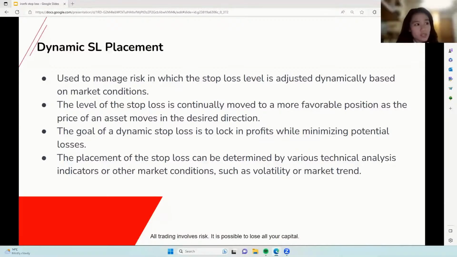So the level of the stop loss is continually moved to a more favorable position as the price of an asset moves in the desired direction. The goal of a dynamic stop loss is to lock in profits while minimizing potential losses. The placement of the stop loss can be determined by various technical analysis indicators or other market conditions such as volatility or market trend.